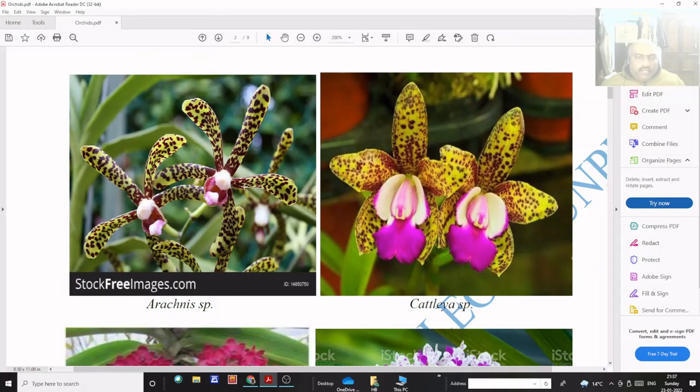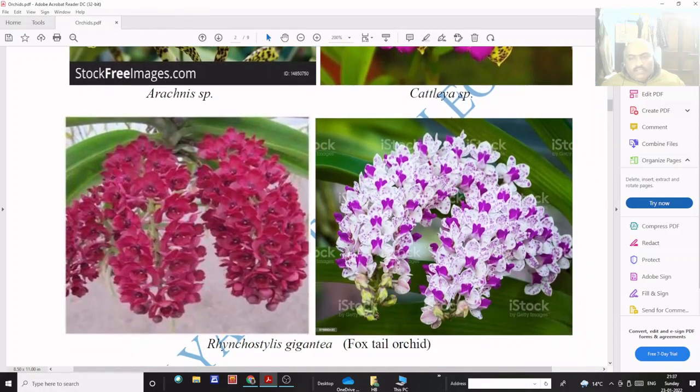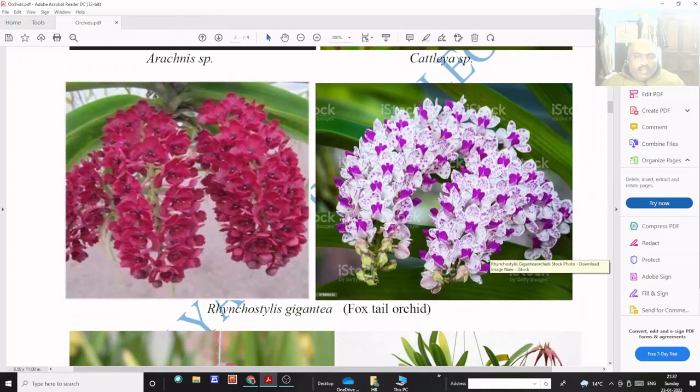See the beauty and variety of the different genera of orchids like Arachnis, the left side image, and Cattleya, the right side image. In continuation, this image is of Rhynchostylis gigantea, which is also called foxtail orchid.